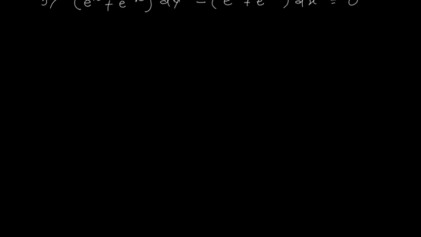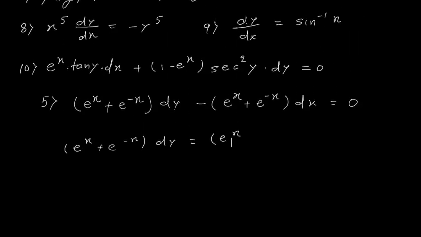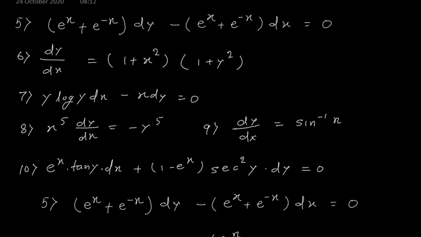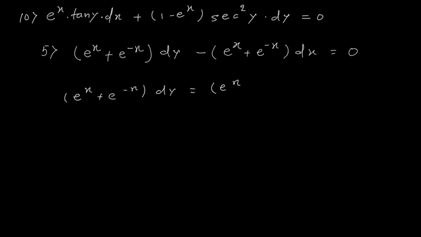Now here this problem, 5th problem, we have e power x plus e power minus x into dy is equals to, I will move this on right hand side, so it will become e power x plus e power minus x into dx. Now all x should be on one side, so this part will move on right.